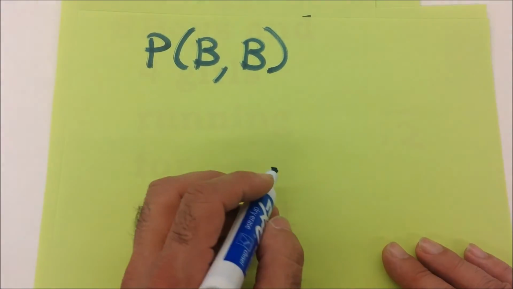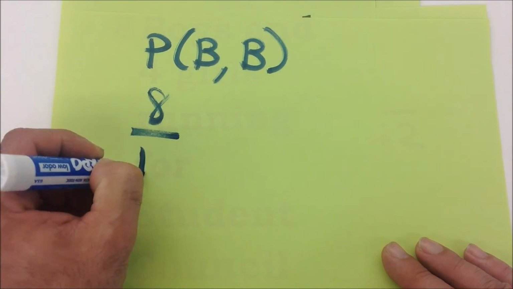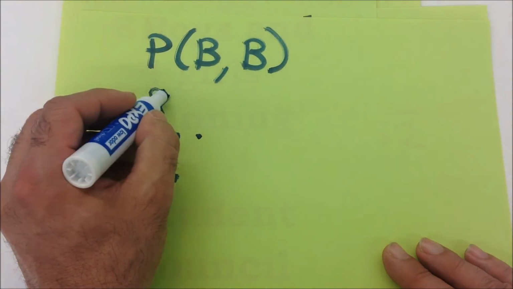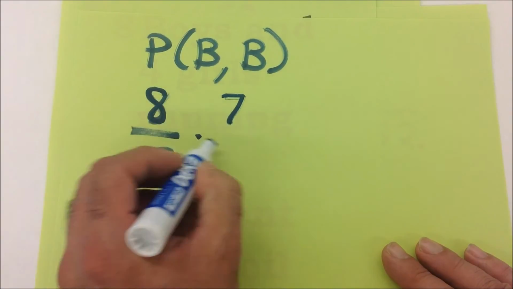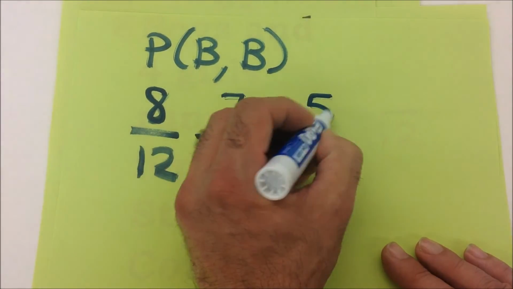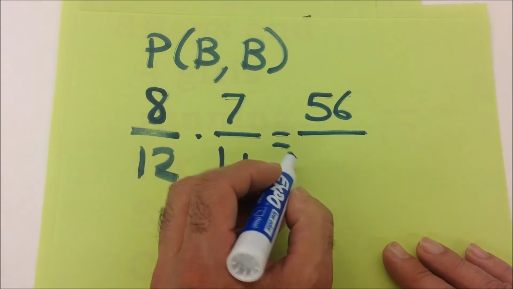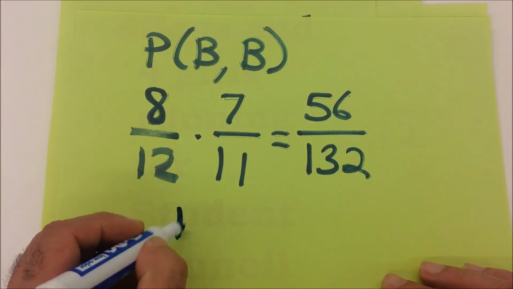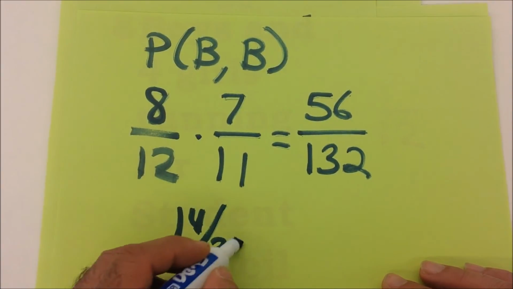So the probability of picking a boy the first time will be 8 out of 12. So this is conditional. We know we already picked a boy, so now we only have 7 boys, and the odds do change there. So this will be 56 over 132. And this could be reduced to 14 over 33.